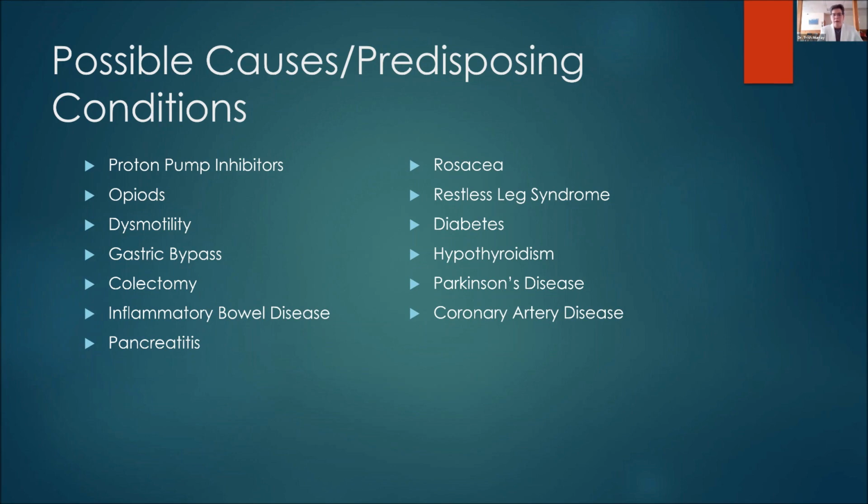So things like if you've had surgery that has removed or changed the structure of your gastrointestinal tube, your system, such as a gastric bypass, or if you've had a colectomy, which means your large intestine has been completely removed, or at least a portion of it has been removed, then you'll notice if your large intestine doesn't exist, the bacteria have to live somewhere, so they're going to be living in your small intestine. So that's a structural change due to surgery that has caused SIBO.